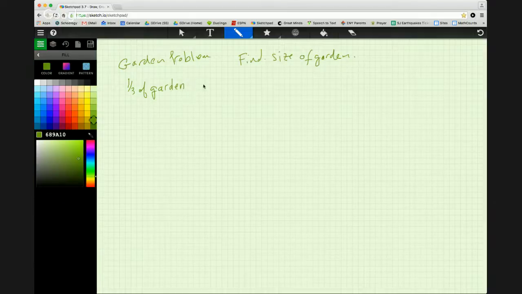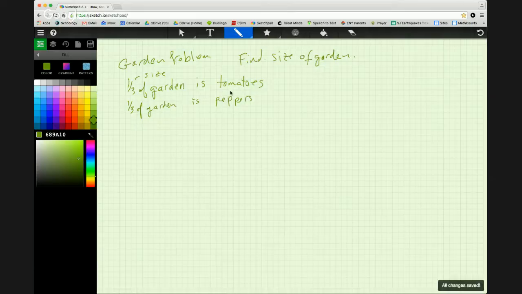1/3 of the garden is tomatoes, and this is the size. 1/3 of the size of the garden is tomatoes, and then 1/3 of the garden is peppers.